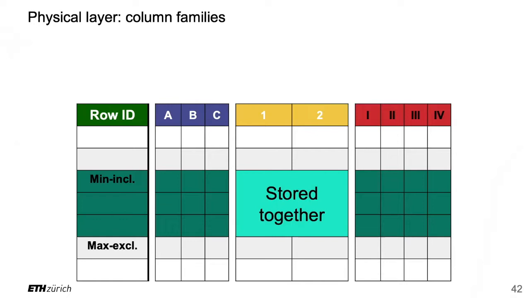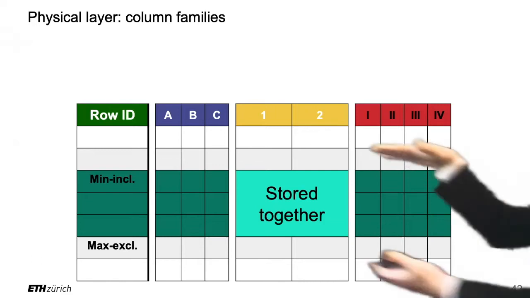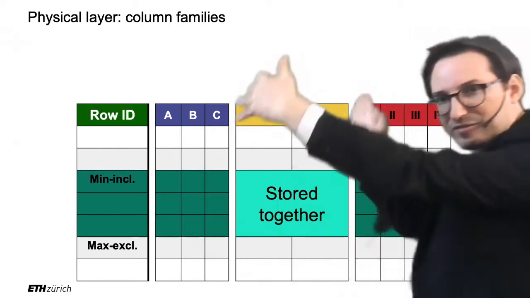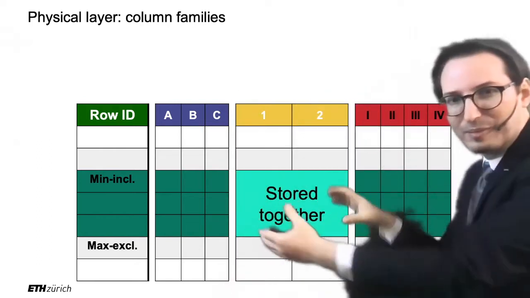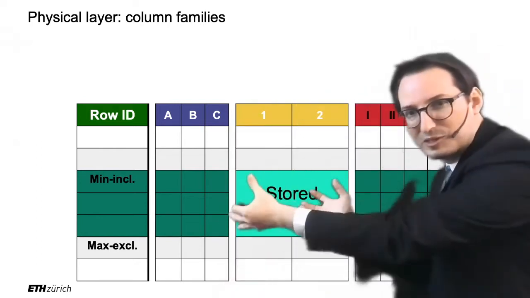Okay. Now, this here is the main message. We store together the intersection of a region with a column family. So what is in this rectangle right there, that is both partitioned horizontally with the rows and vertically with the column family, this belongs together. This is stored together.